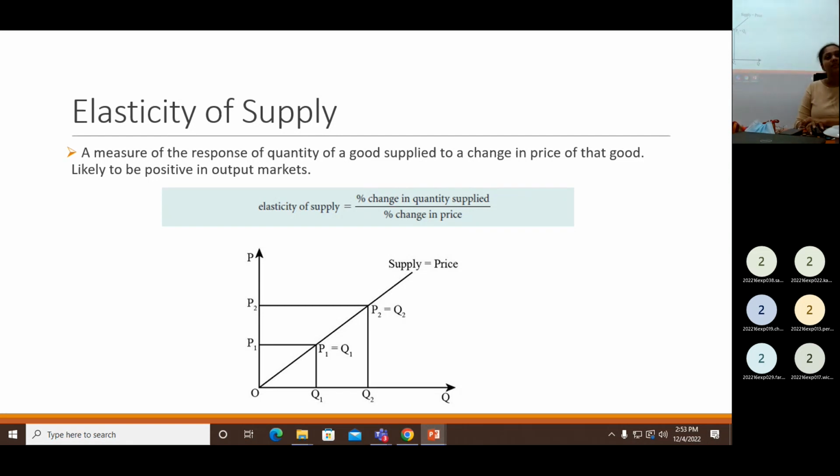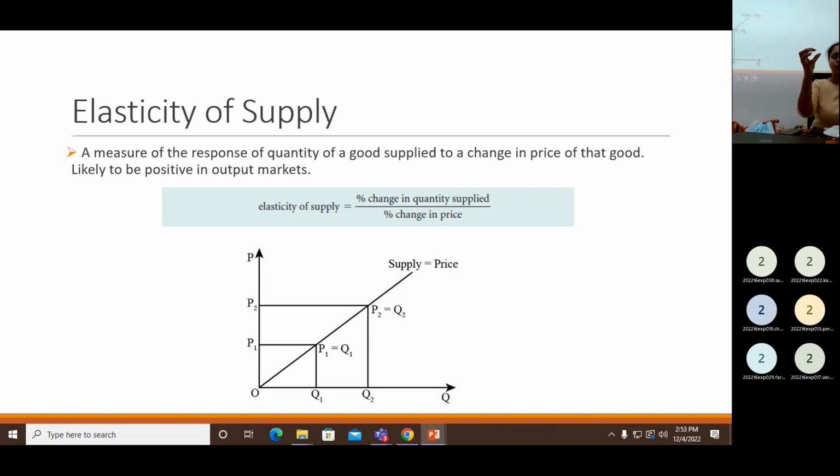Why? Because to produce crude oil you depend on natural oil extracts. Just because the price in the market increases, can you increase the raw material? You can't increase the production because raw material is limited in nature. So just because the price increases, you can't increase the production of crude oil.